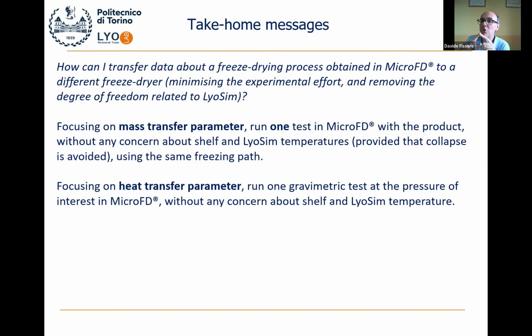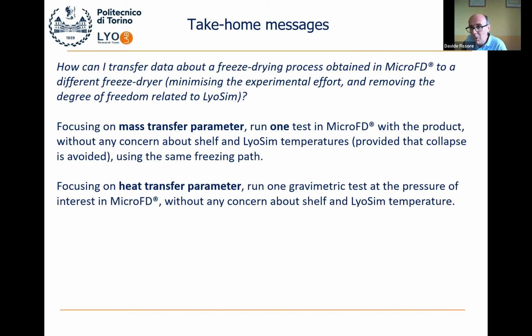But you may also do your job in a different way, a more traditional way. You carry out your experiment in MicroFD. From one gravimetric test, you may estimate the value of Kv, expressing the heat transfer from the shelf to the product in the vials.